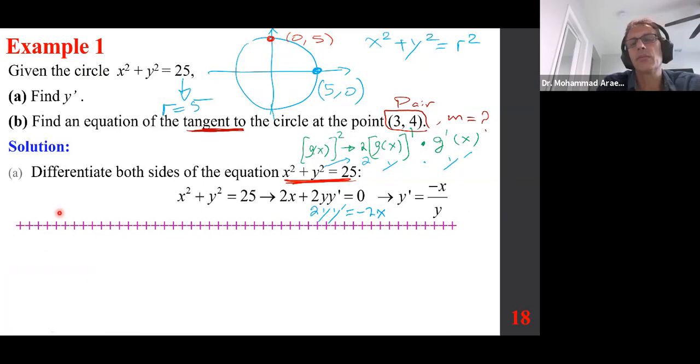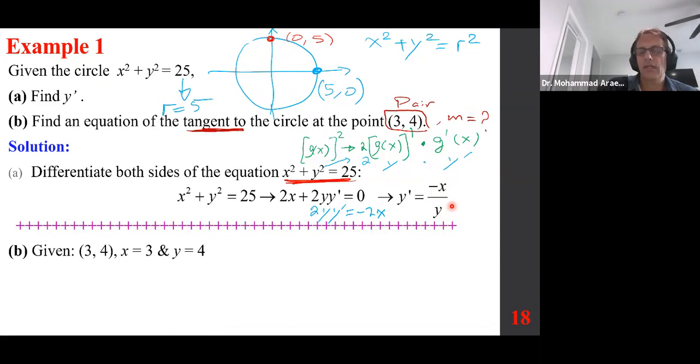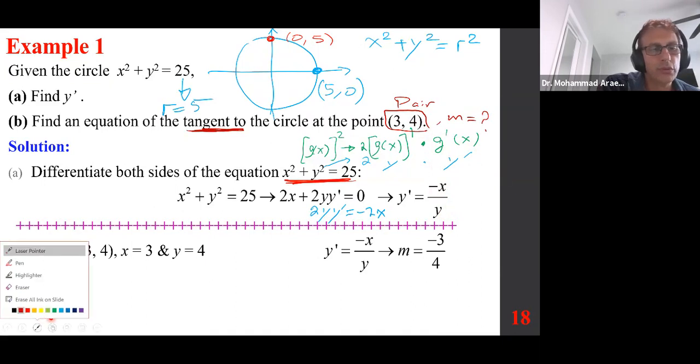Well, plug in to y prime, and that becomes a slope. So replace the x with 3, so you get minus 3 in the numerator. 4 instead of y, so negative 3/4. That is your slope.